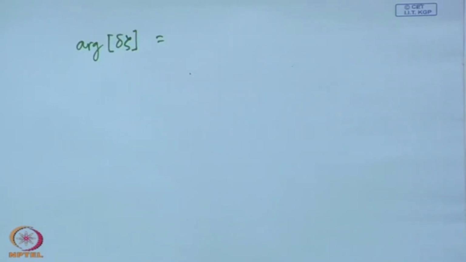We can think of this as two complex numbers: d zeta dz is one complex number, delta z is another complex number. So, what will be the argument of the product of two complex numbers? The sum of the argument of each.